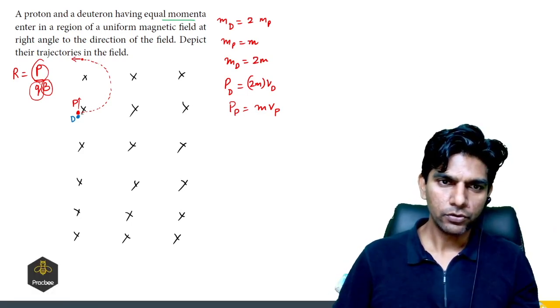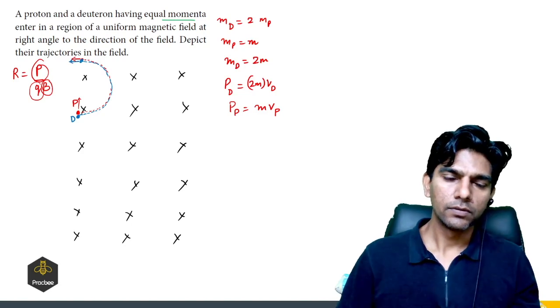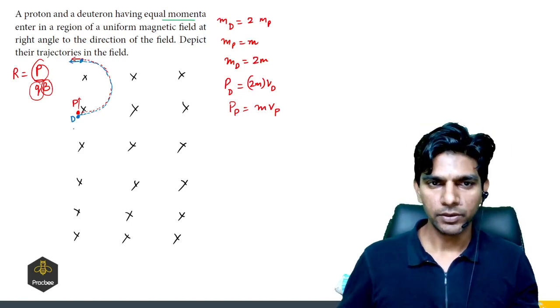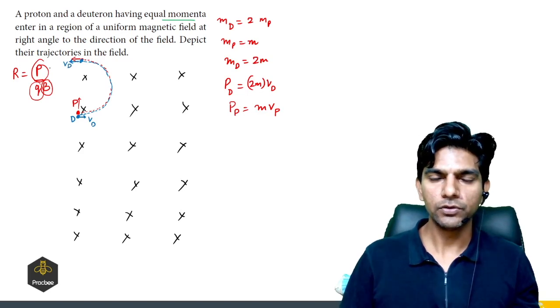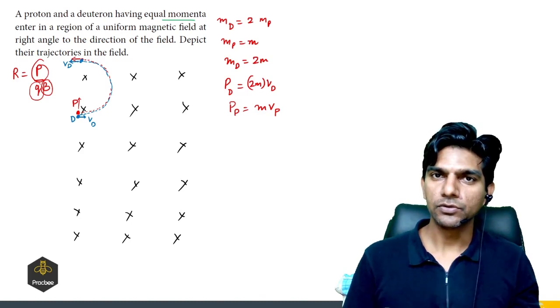Similarly, the deuteron will also follow the same circular path of same radius, and it will also come out with the same speed. If this is Vd, then it will come out with the same speed, because magnetic force is always perpendicular to velocity and it does not do any work.